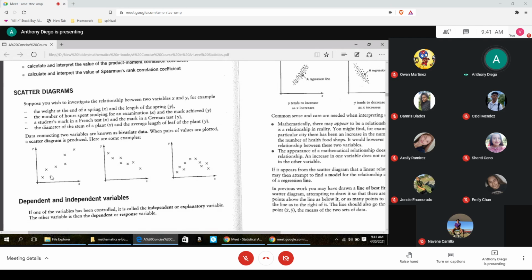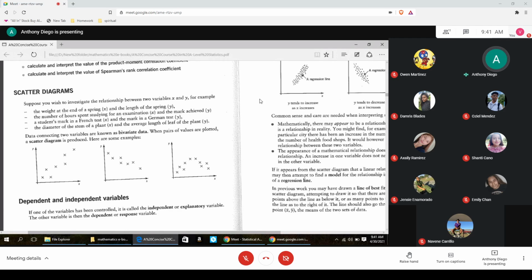If you notice how these points are going, as x tends to increase, y tends to increase. And if x is increasing while y is increasing, then that is known as a positive correlation.